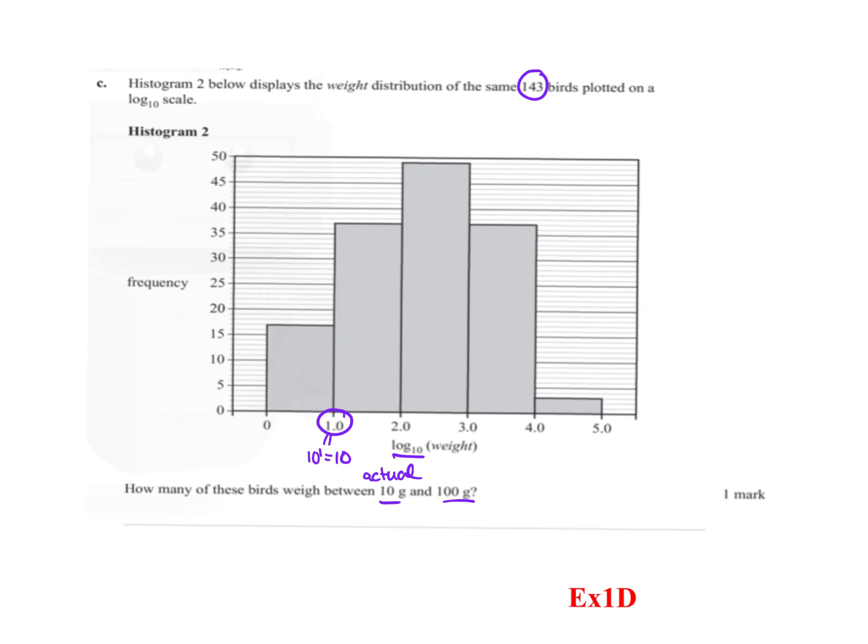What I think you should do when you get these log scales is write down what they actually are. So that's 10 to the power of 3, which means 1,000, and this one means 100, because it's 10 to the power of 2. So they want between 10 and 100, so that's this category. So what is it, 37? Yeah, I've read that off.